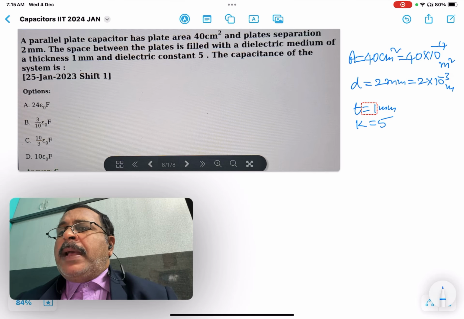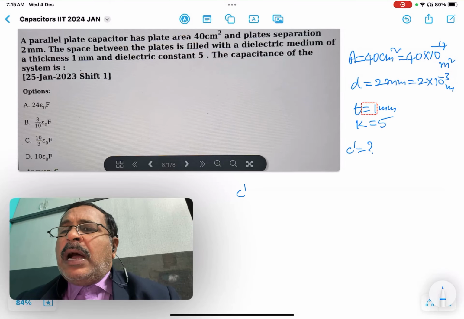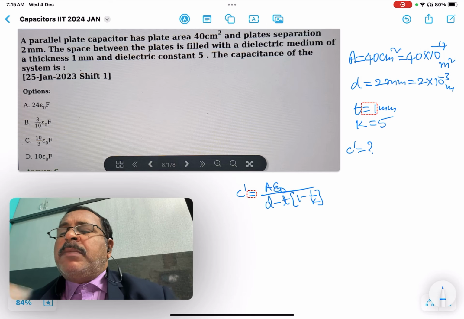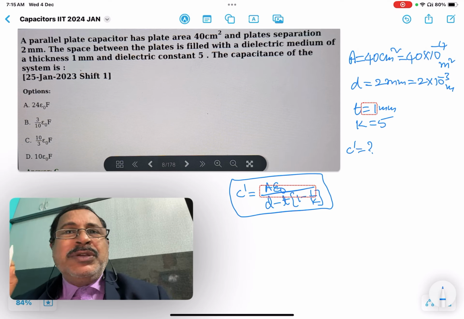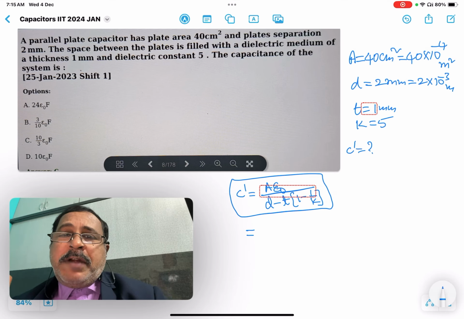What will be the new capacity? This is the question. The new capacity formula is A epsilon naught divided by D minus T of 1 minus 1 by K. If you know this formula, you can do the calculation. Unless you know the formula, you cannot. So formulas are very important fundamentals.